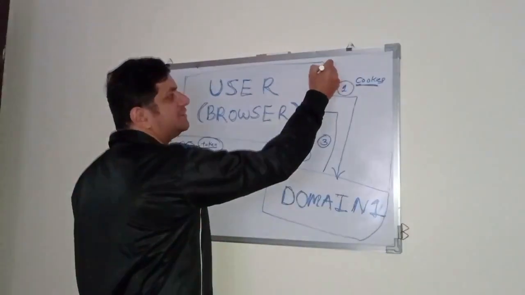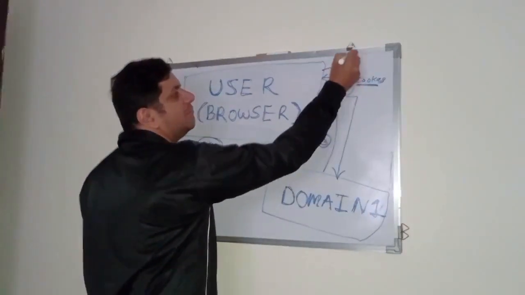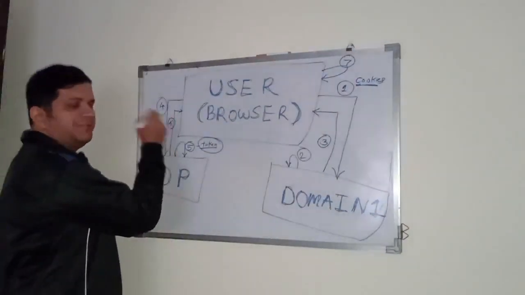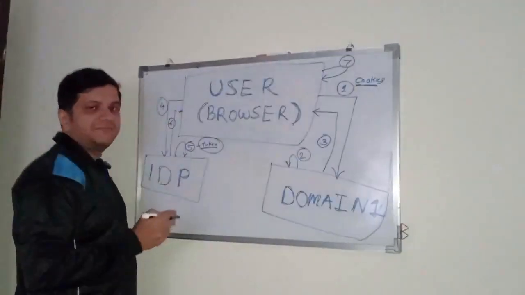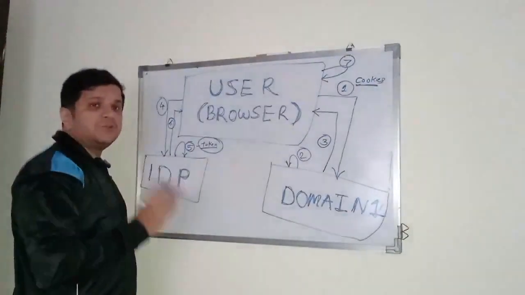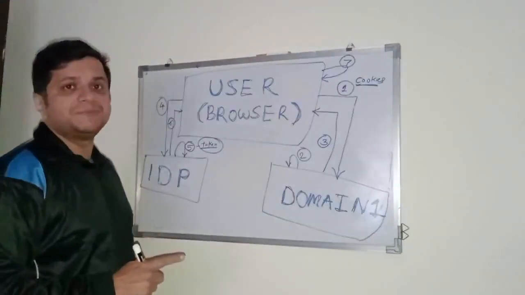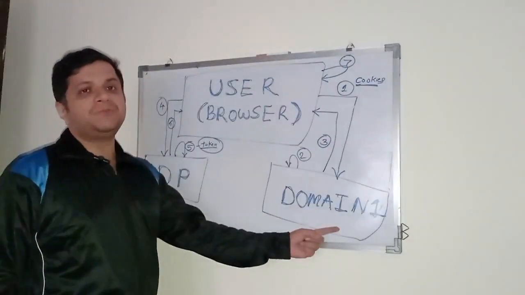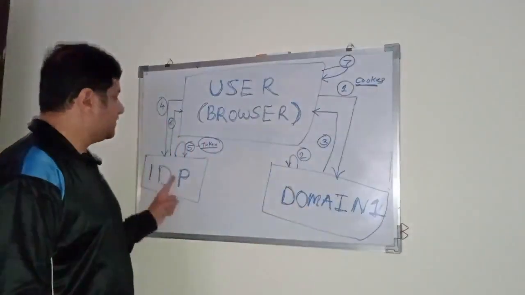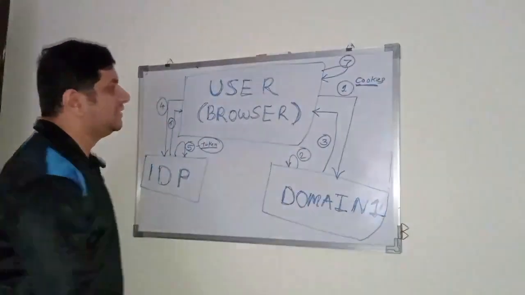Now, step number 7 happens with the browser. In step number 6, when it sends back the information, the token, it also sends back the redirect URL. Now, what is that redirect URL? The redirect URL is domain 1 again. How does the IDP know about the domain 1 URL?